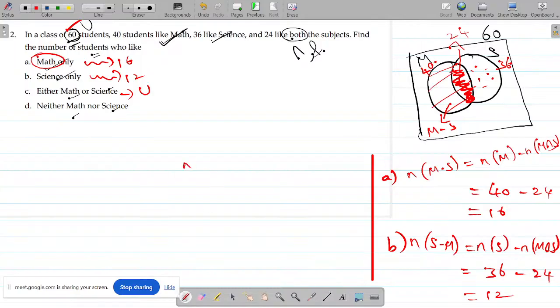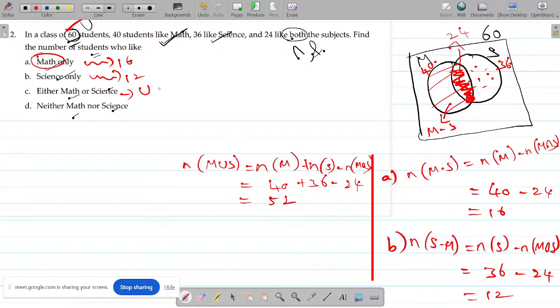So n of m union s is equal to n of m plus n of s minus n of m intersection s. n of m is 40, plus 36, minus 24. Shall I get the value? This is 52. So this value is 52.